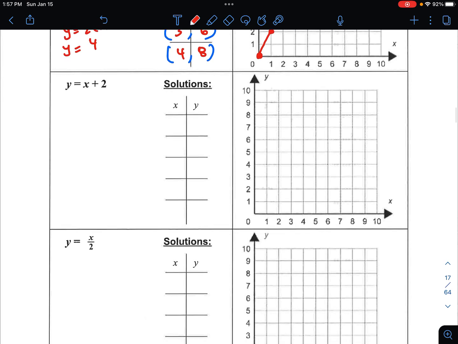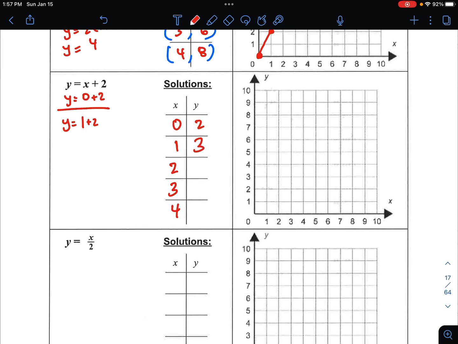Let's try this one. Let's choose, again, numbers for x. I'm going to choose the easy ones, 0, 1, 2, 3, and 4. So when x is 0, what's 0 plus 2? Well, it's just 2. When x is 1, what's 1 plus 2?